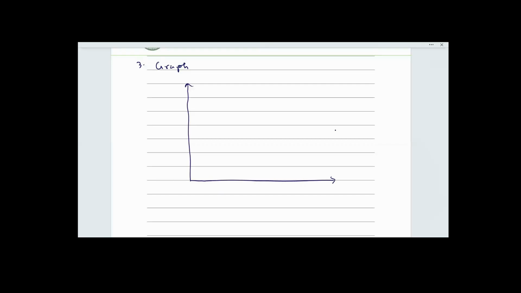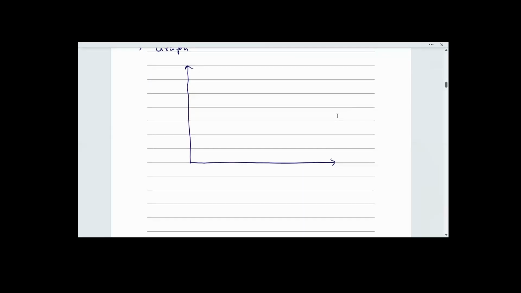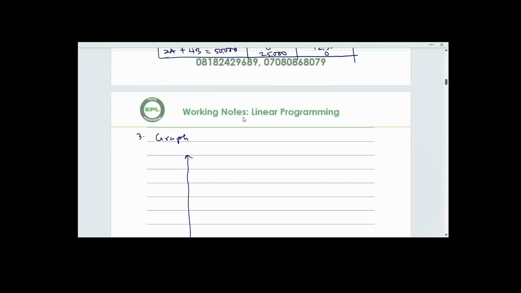So remember, one of the assumptions of linear programming is non-negativity constraints. When you are drawing a graph, you have the positive side, you also have the negative side. But because the assumption states that negative output is not permitted, the minimum you can produce is 0. So this is 0.